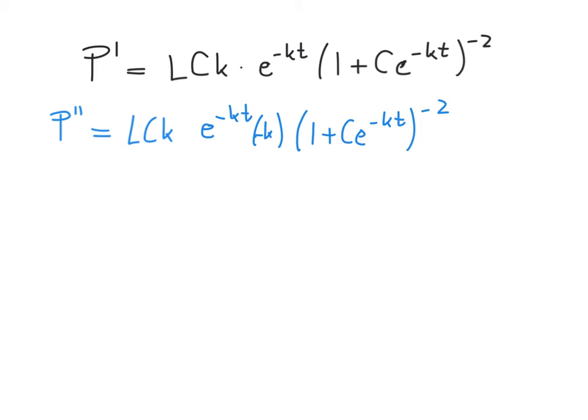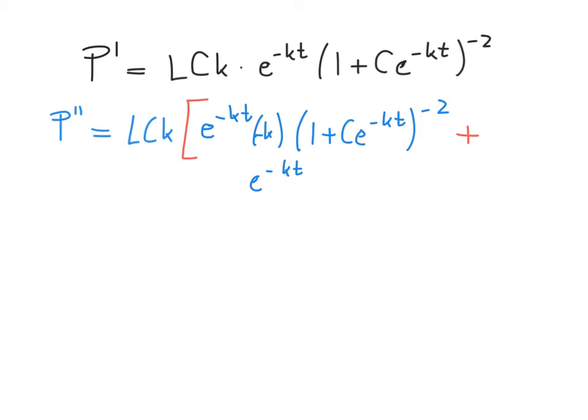I might have to use multiple lines here because the function is getting too long. So let me start a parenthesis here. So then plus, and now we have to keep the first expression, e to the minus kt, right? And now take the derivative of the second function, right?